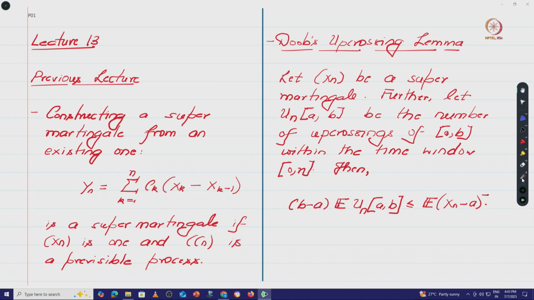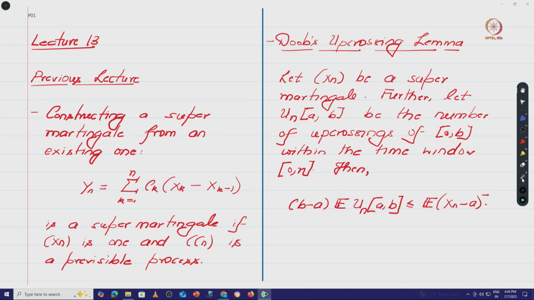So let's do a quick recap of what we did in the previous two lectures. In the last but one lecture, we looked at martingales and some examples of martingales, and also looked at the connection between martingales and martingale difference sequences. In the previous lecture, we looked at two specific things.